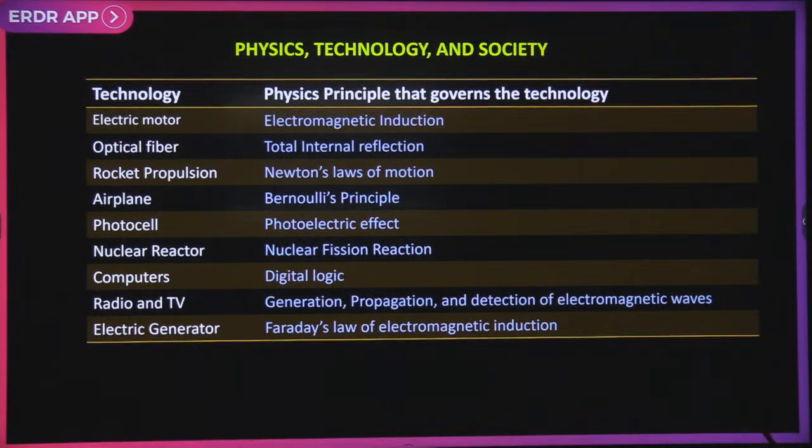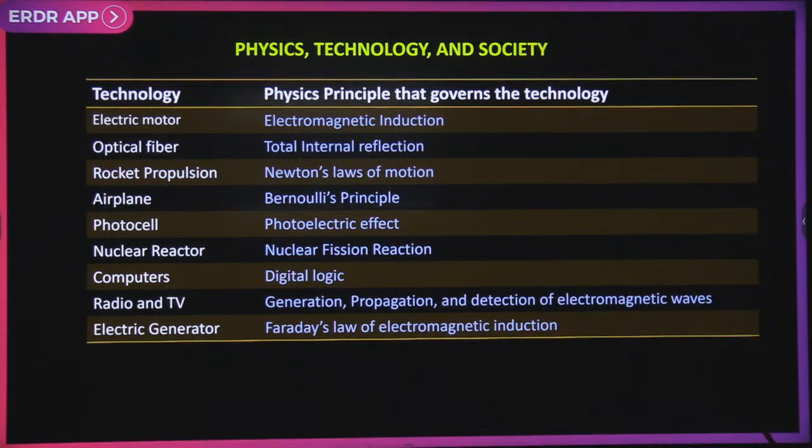Rocket propulsion, Newton's laws of motion. Airplane, Bernoulli's principle. Photocell, photoelectric effect. The photoelectric effect was given by Einstein, and Einstein was given the Nobel Prize for this photoelectric effect. Nuclear fission reaction, computers, digital logic, radio and television, generation, propagation, and detection of electromagnetic waves.